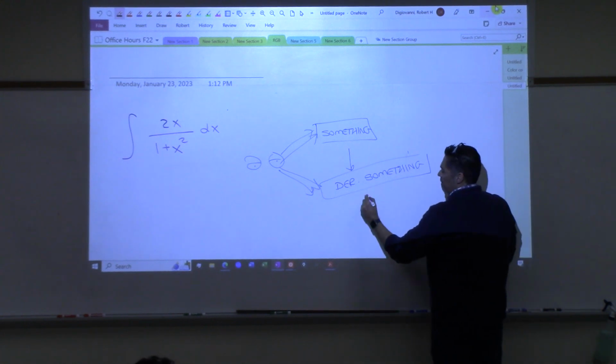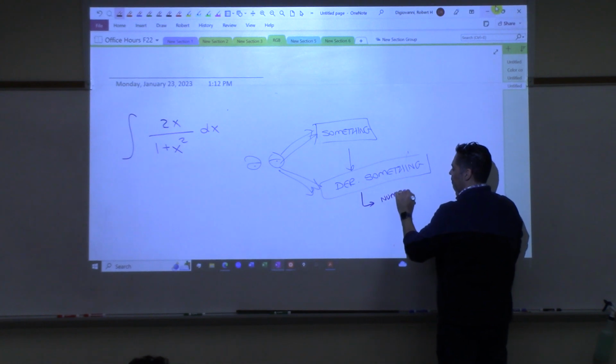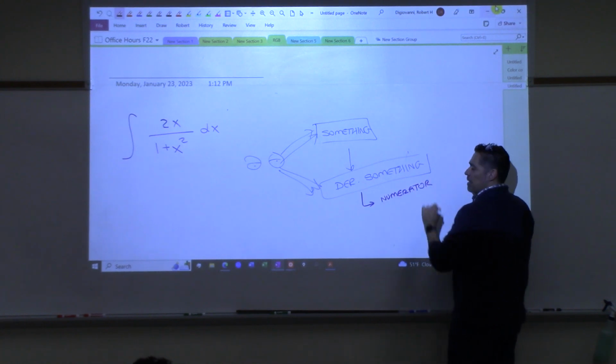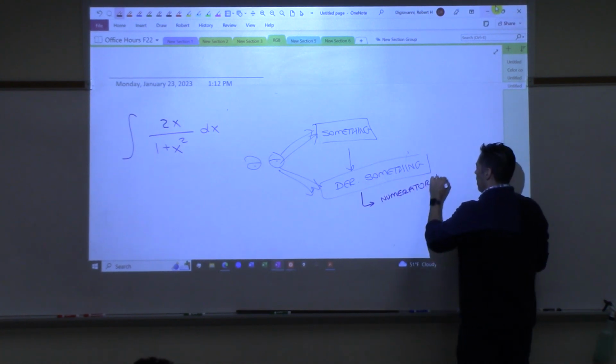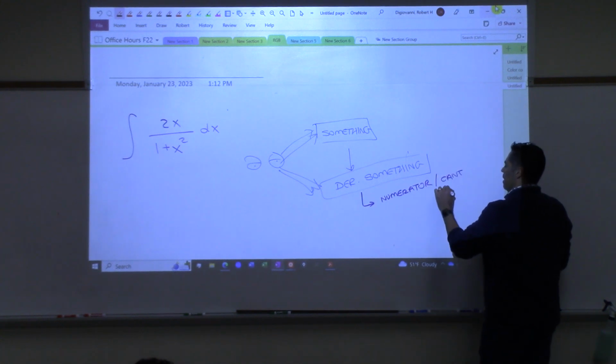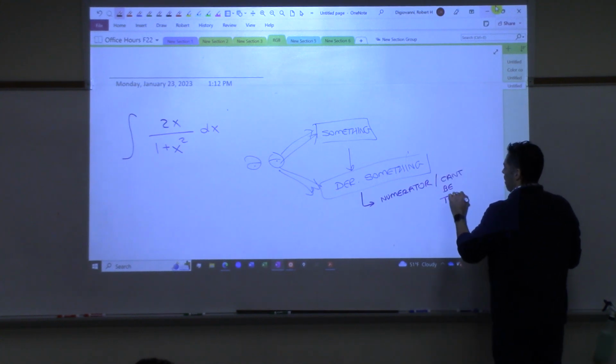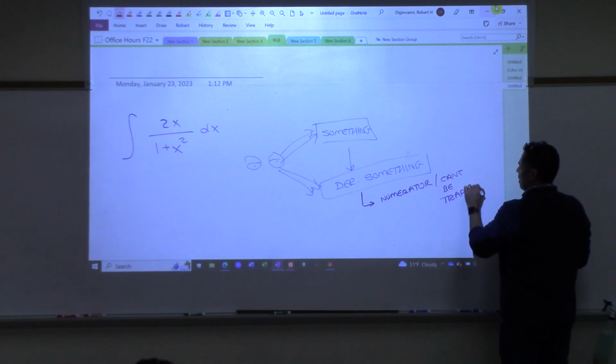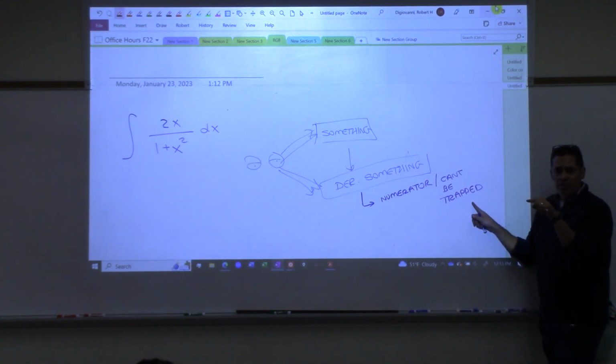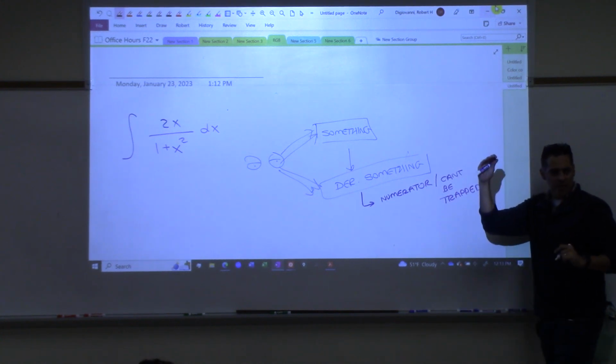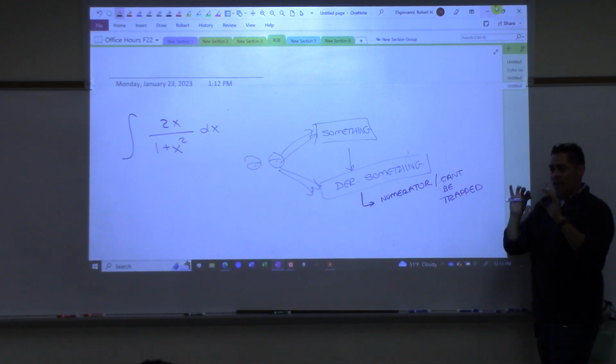This derivative right here must be in the numerator, and it can't be trapped. What I mean by trapped is that it can't be underneath a root, it can't be in a parenthesis being squared, it has to be isolated.